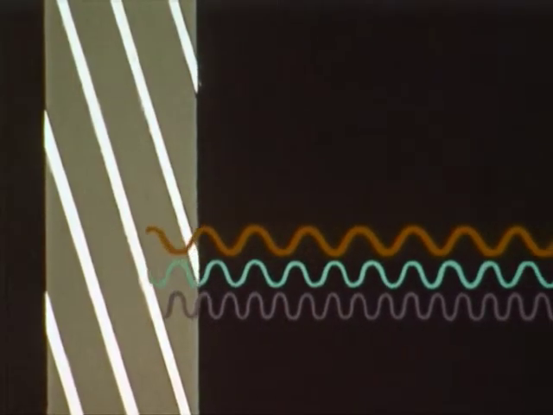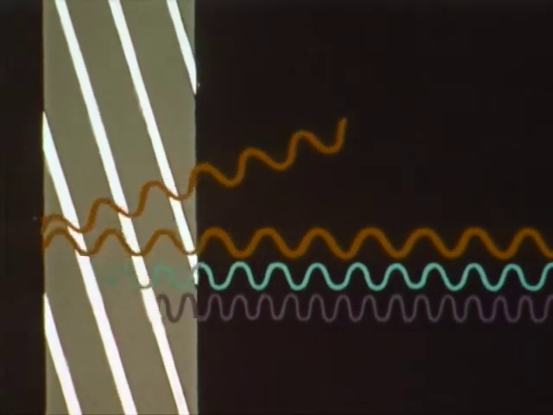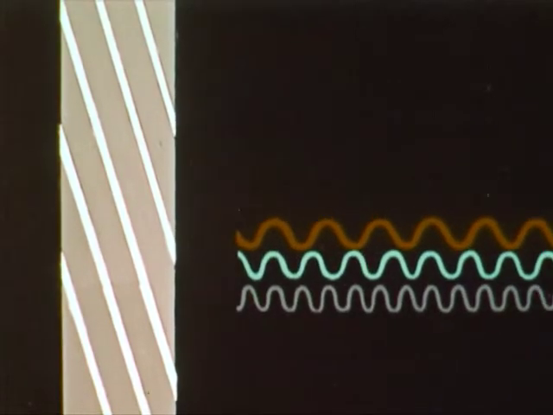White light approaches and passes through the film. The mirror planes are spaced to reinforce only the wavelength used to make the hologram. Because the film shrinks in processing, the green color of shorter wavelength is reinforced rather than the red.